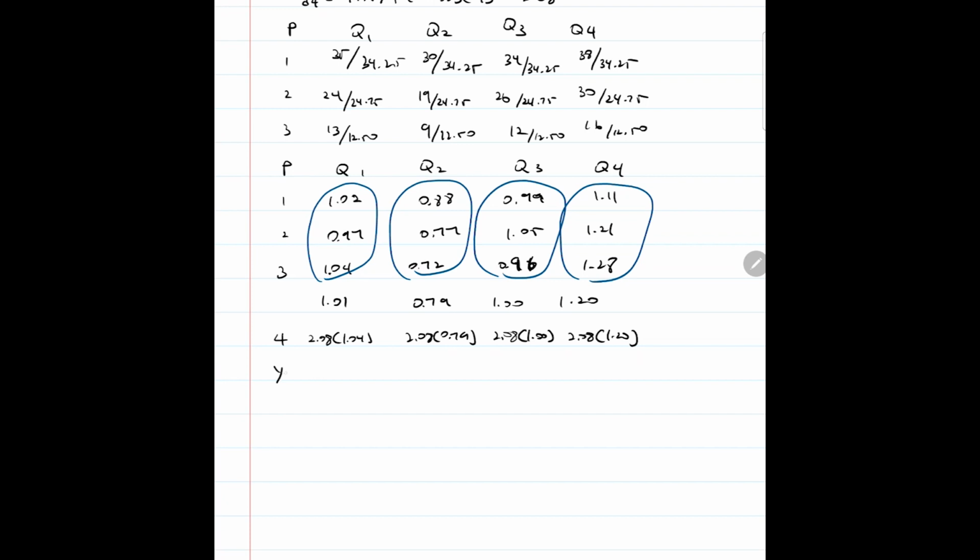So it came out to be in year 4, quarter 1, 2, quarter 4 will be 2.11, 1.64, 2.09, and 2.50.